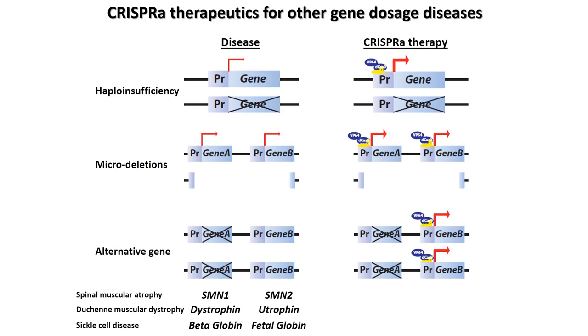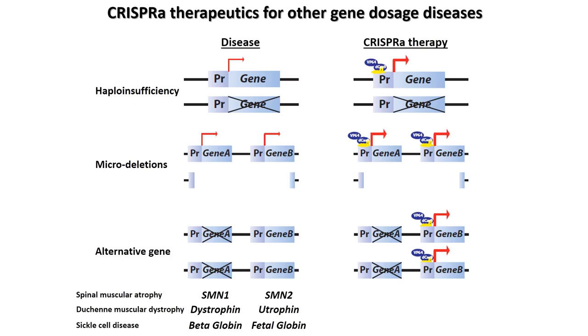For example, if a disease is caused by mutations in both copies of a gene, gene A is messed up in both copies, there may be another gene, for example gene B, that has a similar function that is not expressed in a certain tissue or is expressed at lower levels in that tissue. And if we could upregulate its expression in that disease-associated tissue, we might be able to rescue the disease.